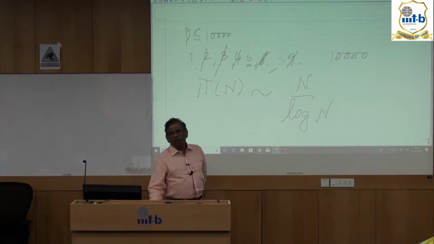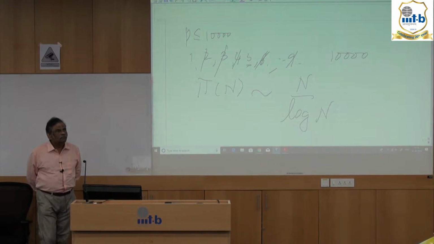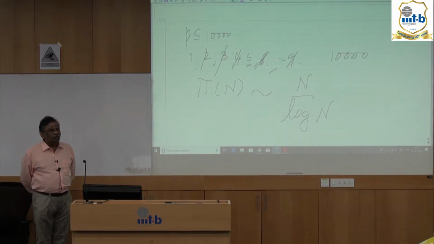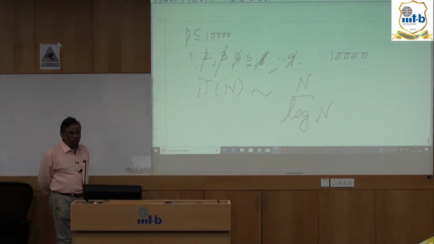That is, the number of primes up to n, which is pi(n), is around n over log n. And this log n is not the computer scientist's log n, it is a mathematician's log n, which means it is to the base e and not to the base 2.